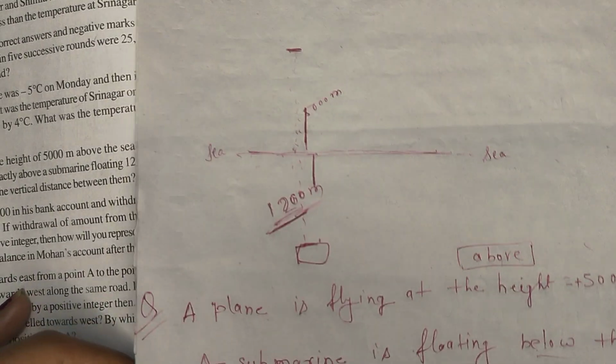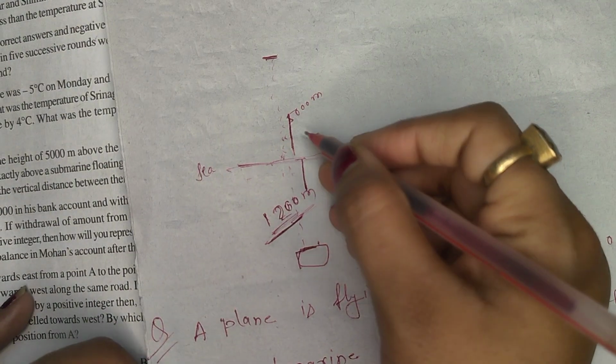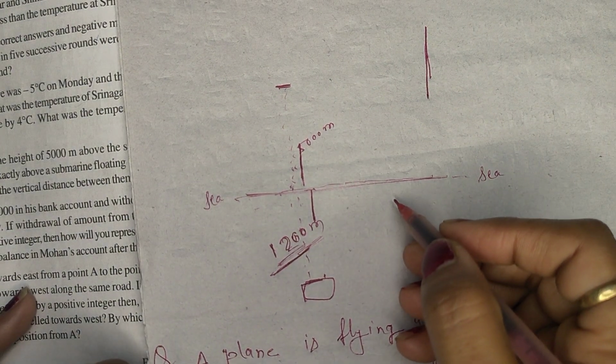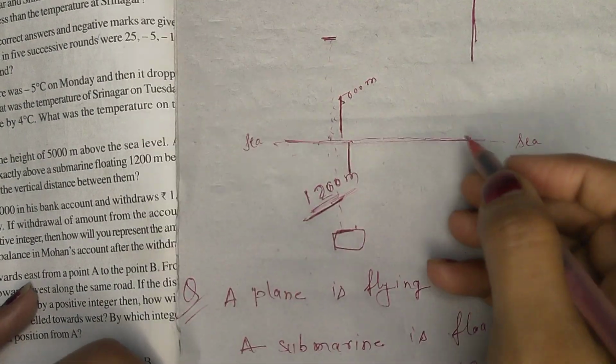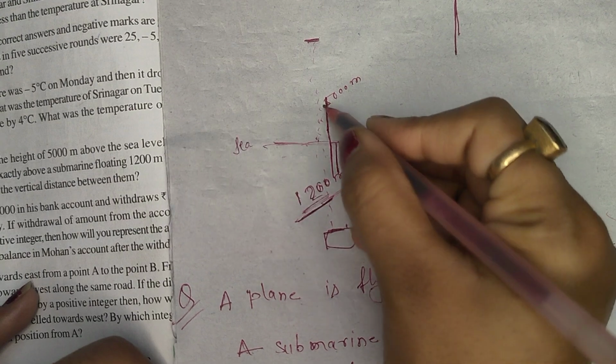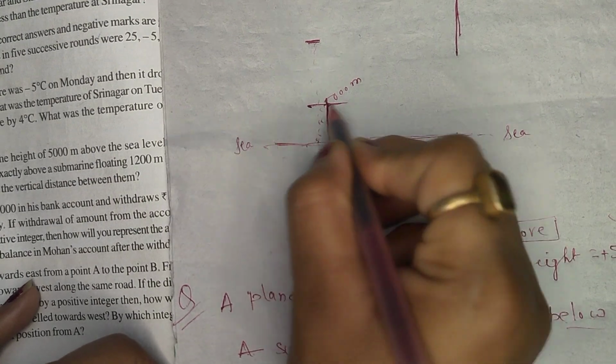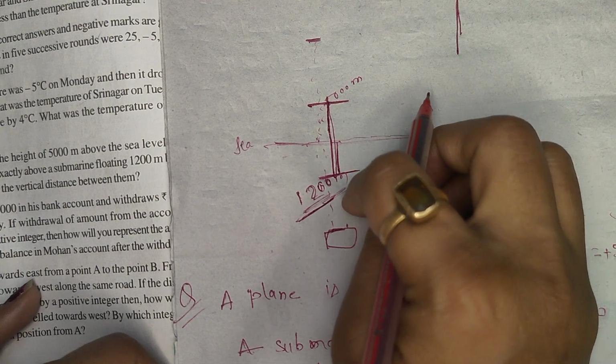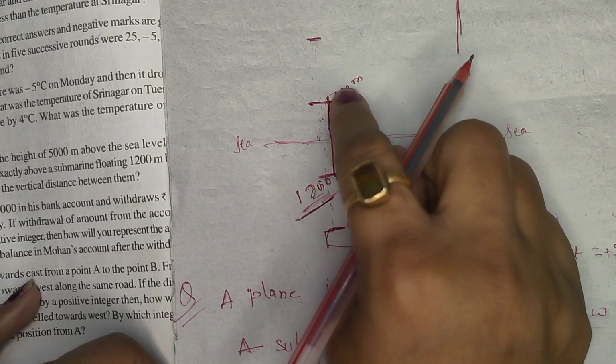Vertical distance means a standing line. This is the standing line. Here, what is the distance between them? This part to this part, the flying plane and the submarine.